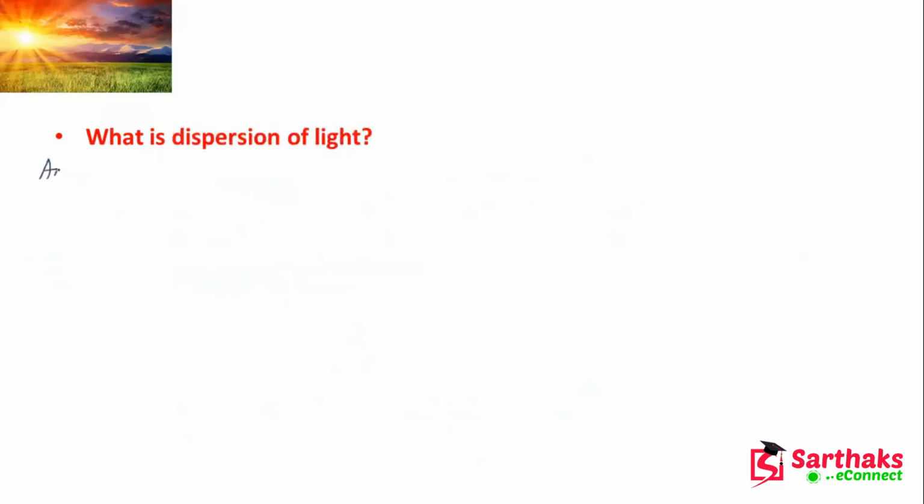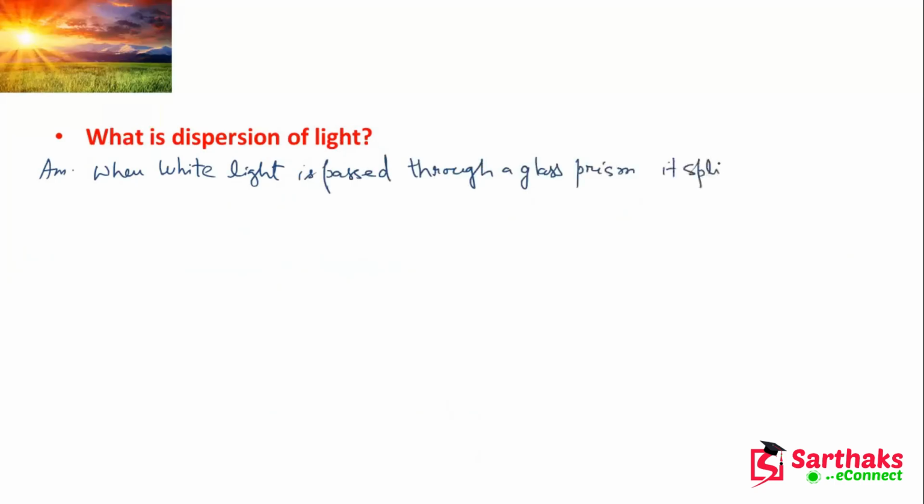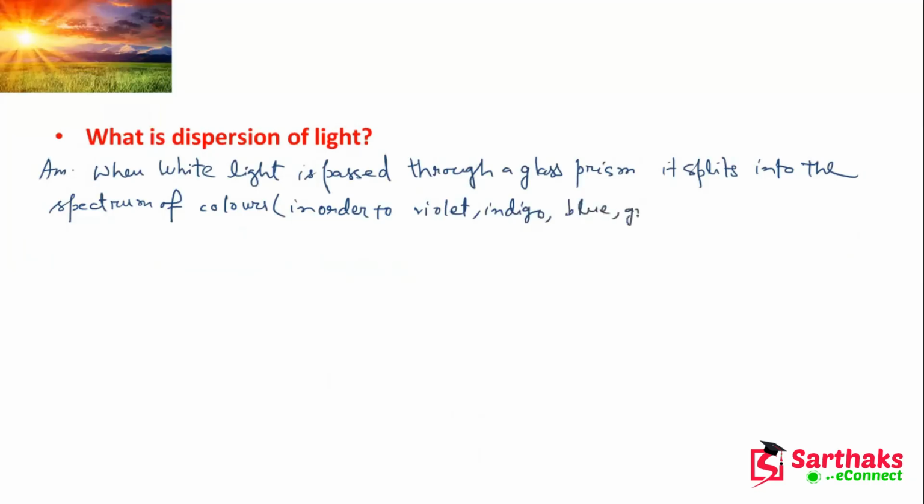Now, what is dispersion of light? When white light is passed through a glass prism, it splits into a spectrum of colors in order: violet, indigo, blue, green, yellow, orange, and red.